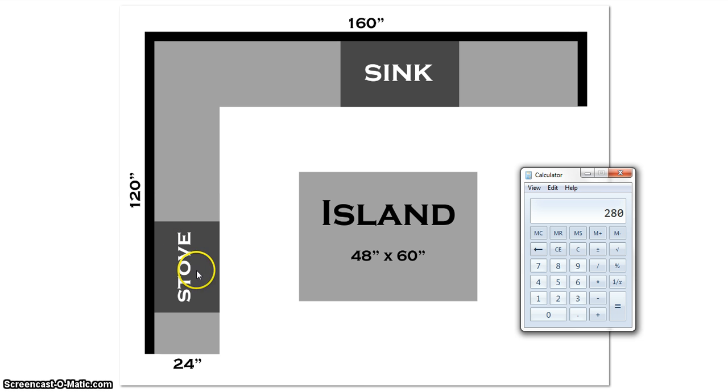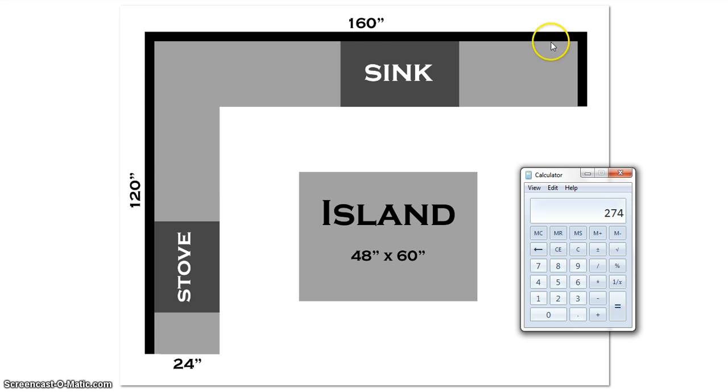We don't need any backsplash behind the stove, so we're going to subtract 30 inches. You don't have to put backsplash on side pieces here, but some people like it. So if you decide you want that, you would add 24 inches to your number for every side wall you need. So our 120 plus 160 plus 24 equals that 274.